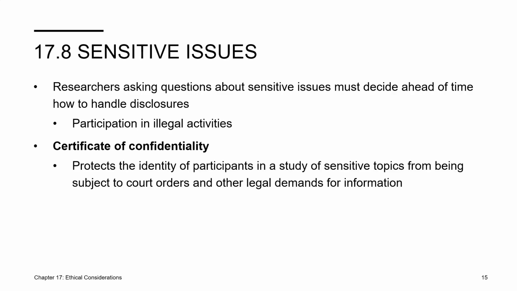So you must include information about what you're going to do with that. And you can apply for something called a certificate of confidentiality. And this protects the identity of participants in a study of sensitive topics. And so this ensures that they would not be subject to any sort of court order or legal demands by obtaining that information.